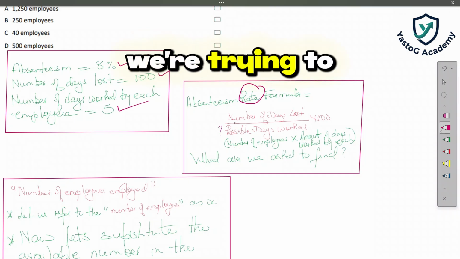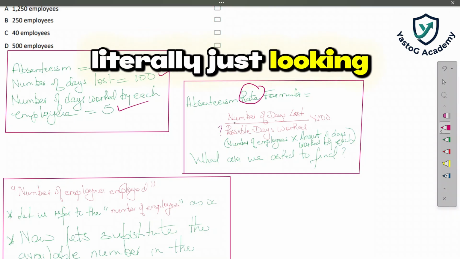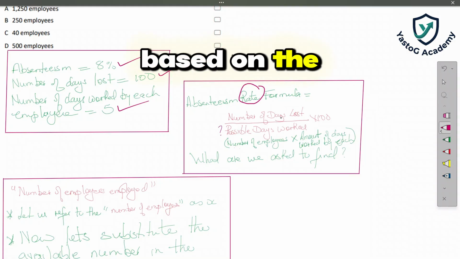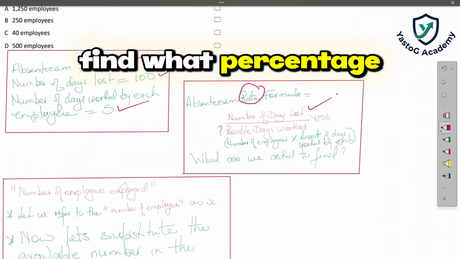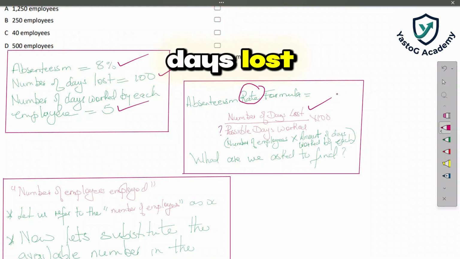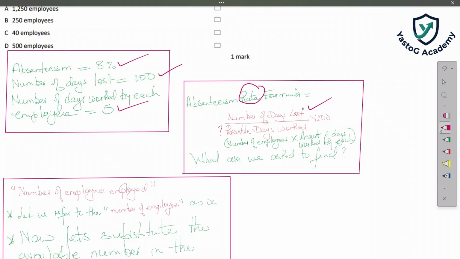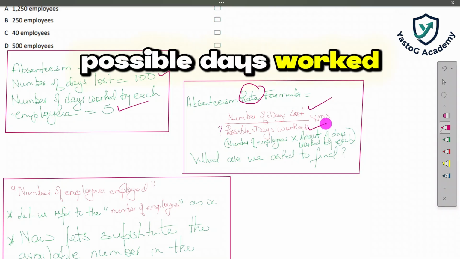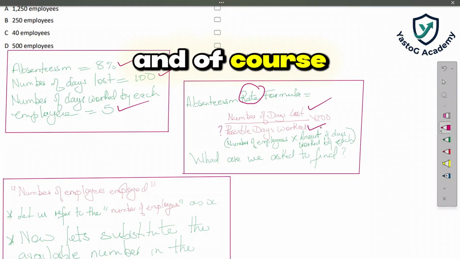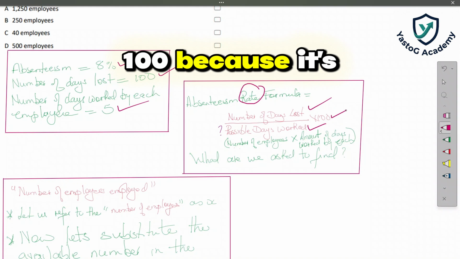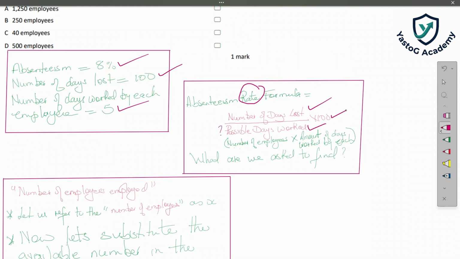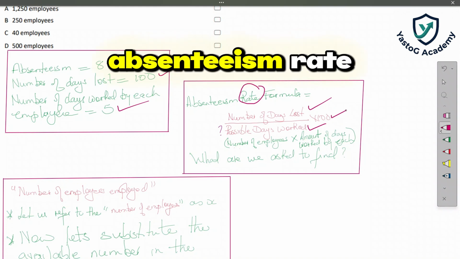Based on the number of days lost, we're trying to find what percentage the number of days lost is of the possible days worked. And of course, it's multiplied by 100 because it's in percentages. So that is the absenteeism rate.